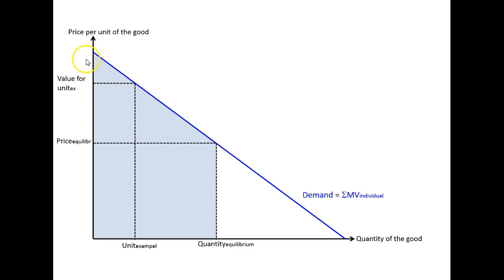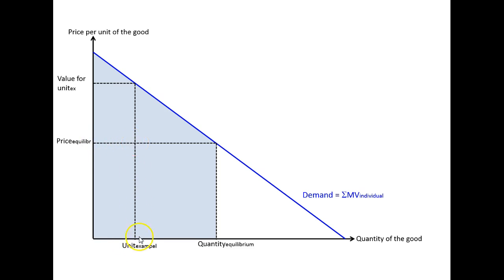So the consumer, or the market, thinks that all of these units have a total value of this area here. And if you assume that they are all price takers, they can't do anything about the price, and we face the equilibrium price on this market, then we have to pay this equilibrium price for each unit.